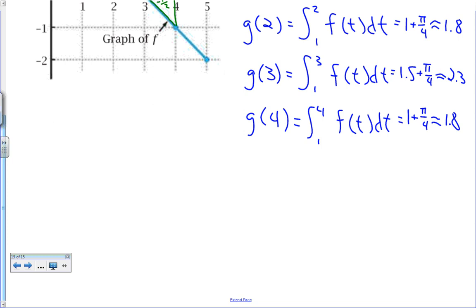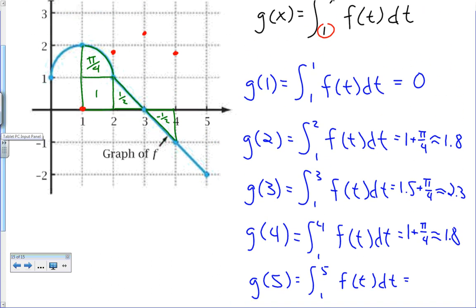And one last value here at 5. So g of 5 is equal to the integral from 1 to 5 of f of t dt. And so that's this region right here. The trapezoid, so you could find the area by trapezoid. I'm going to see it as a square and a triangle, though. So this is a negative 1 and negative 1/2, again, because they're below the x-axis.